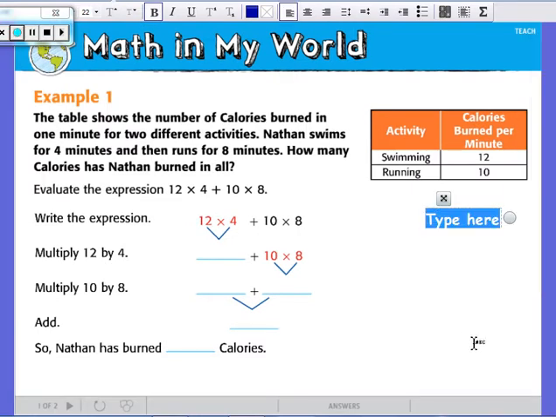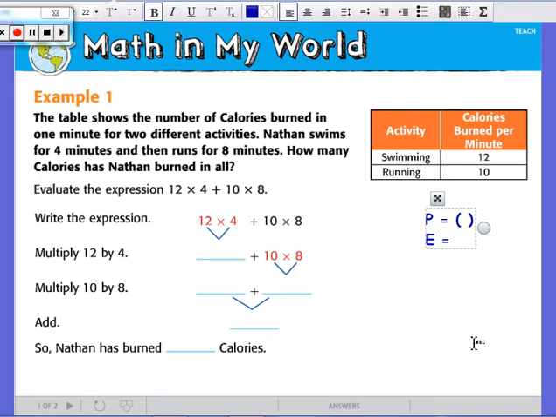So, P, what's the first thing we're going to do? Parentheses. Okay. E, exponents.